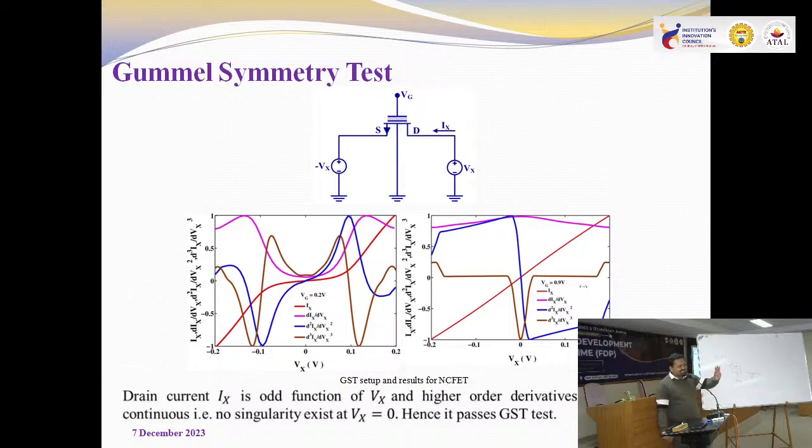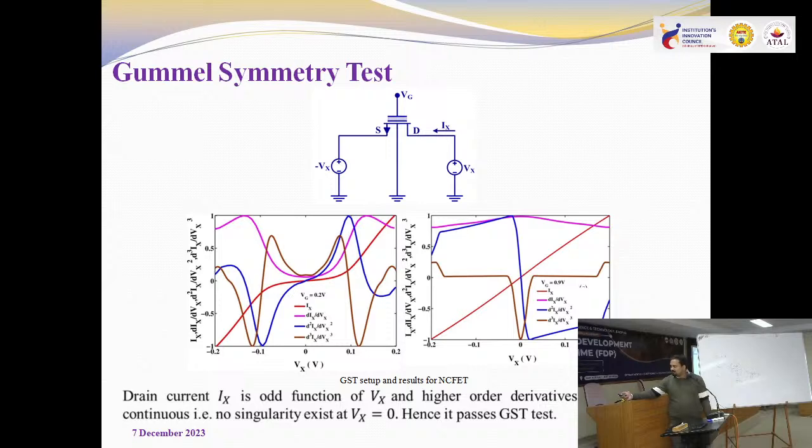GST here is the Gummel symmetry test, where x is this Vx, with Vx and minus Vx. We did this to validate whatever we have modified. The model only says that Ix should be an odd function of Vx, and there should be no discontinuity at Vx equals 0.